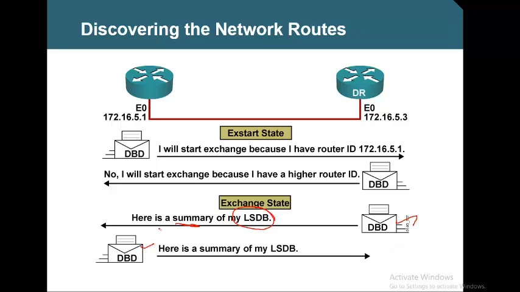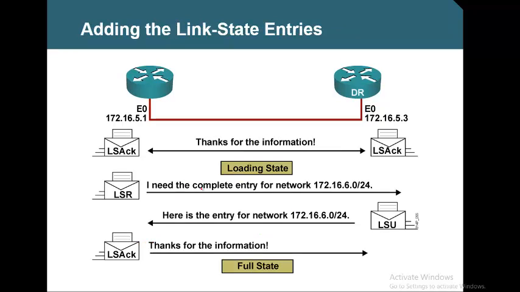So they ask some queries. They ask for some details about some networks, which is called LSR. As a response, LSU comes with the details that have been queried. We call this loading state. At last, the acknowledgement is sent for this.